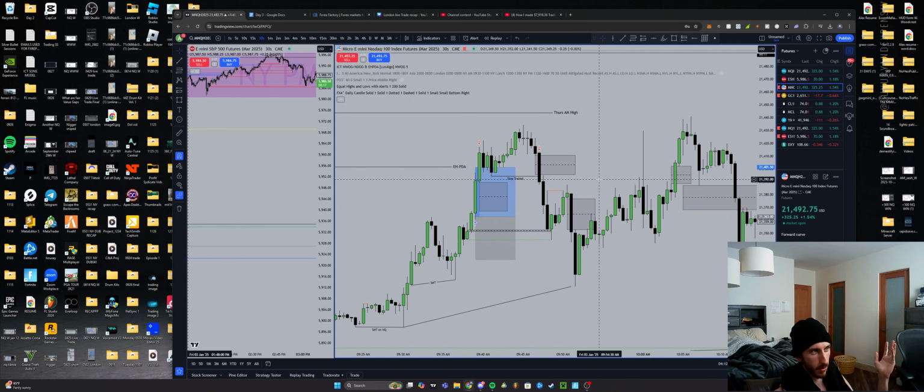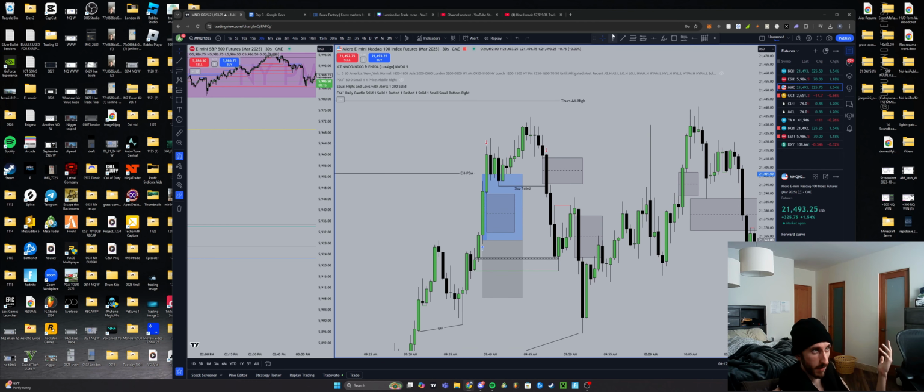And you could also use fibs if you really want to, because you can use that for finding equilibrium, stuff like that, and finding CE or consequent encroachment of the fair value gap, or the midpoint of the fair value gap. I don't really use CE because I never really see a point of it mattering to me. So all I use tool-wise is just this.